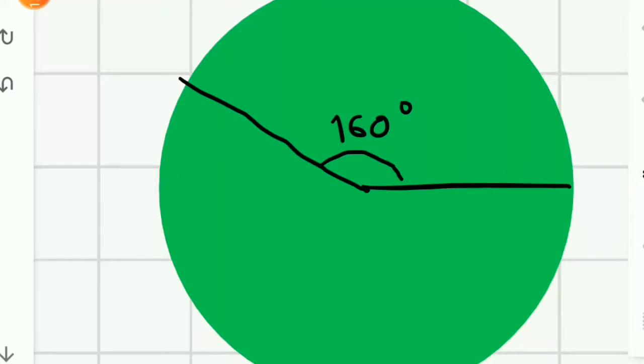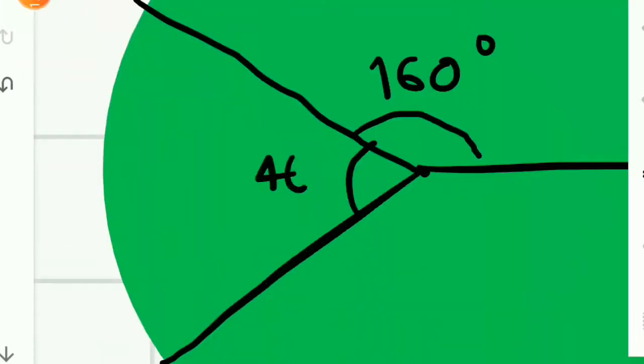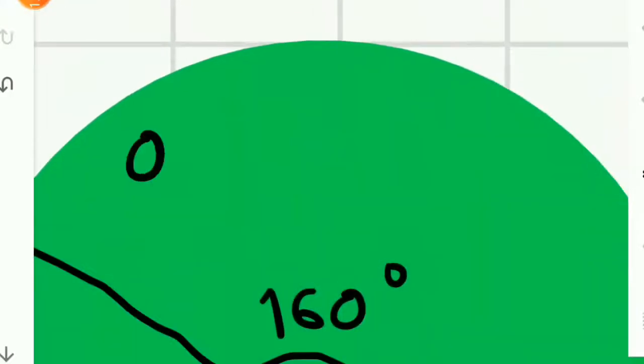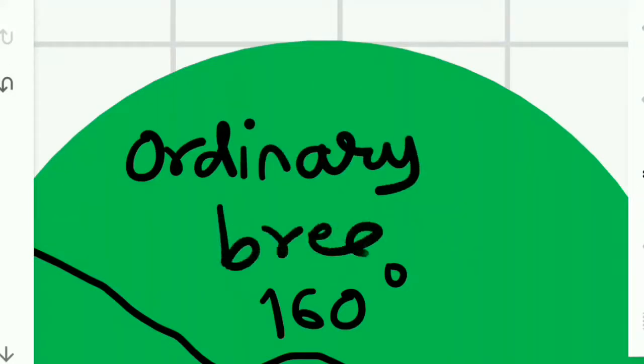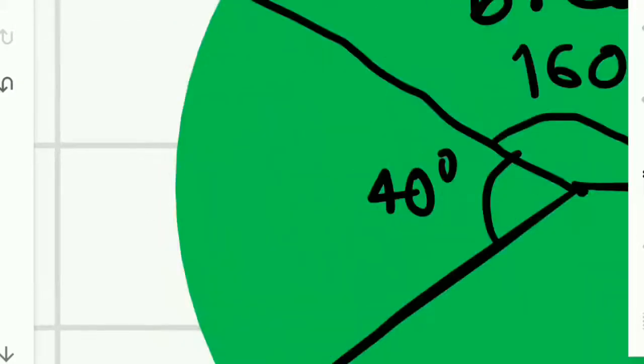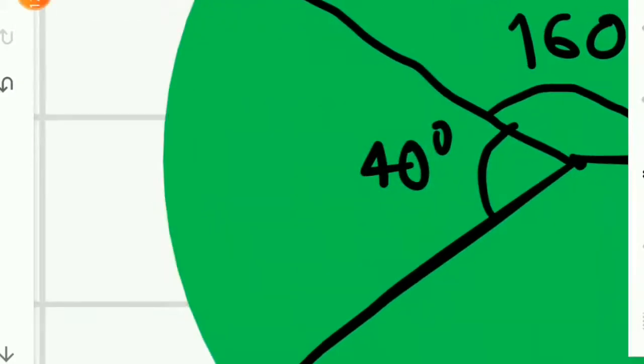And from there we mark 40 degrees. This is 40 degrees. This section represents ordinary bread. This section represents fruit bread.